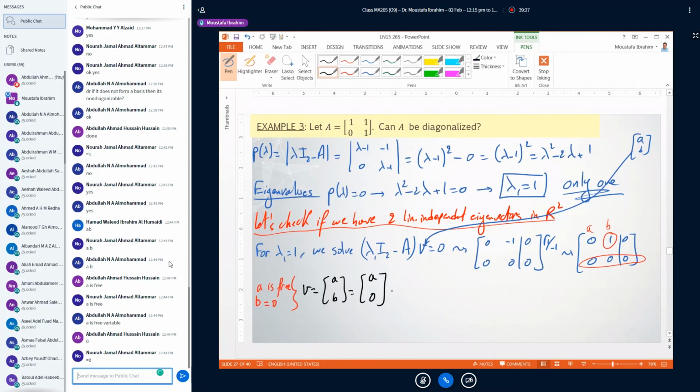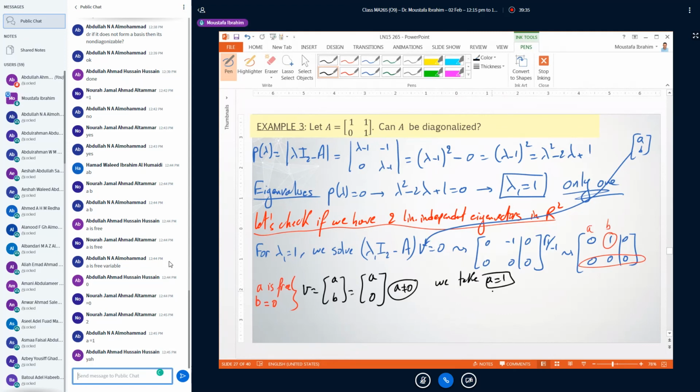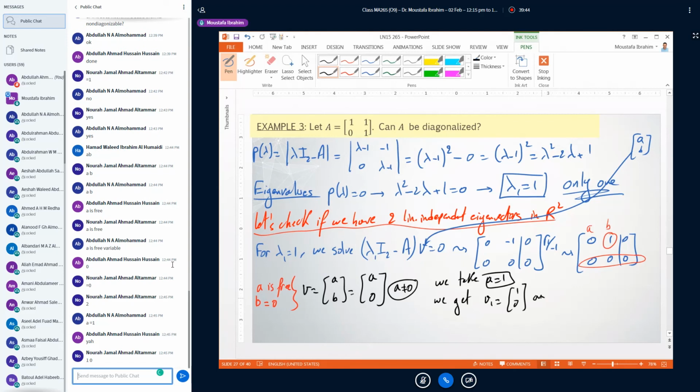And we can take any A different than 0, right? So we take A equal 1, different than 0. So we get V1 equal 1, 0. So look, we have only one eigenvector associated with lambda.